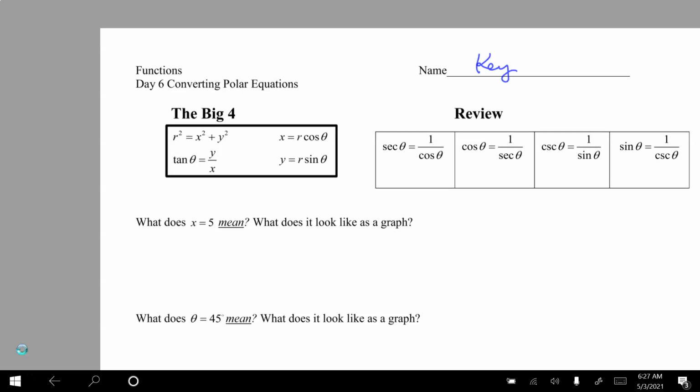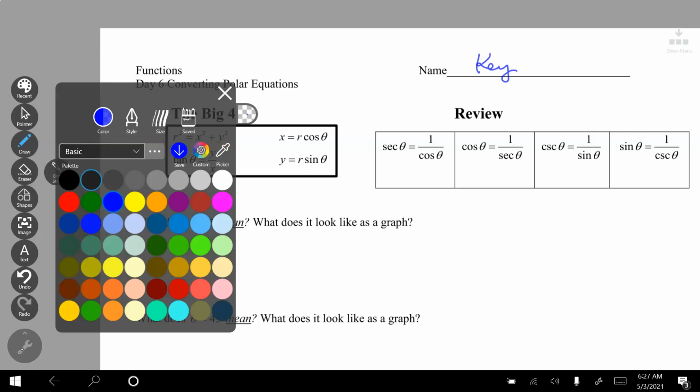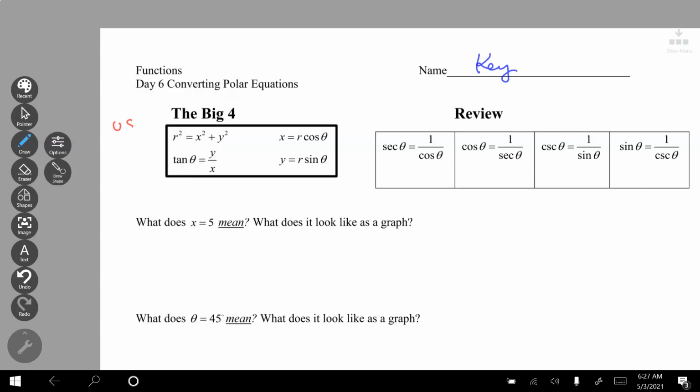So we have our big 4 here, and the idea is that we're going to use these guys as substitution. These big 4.